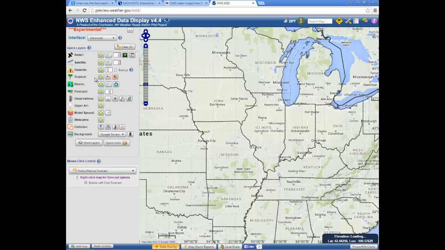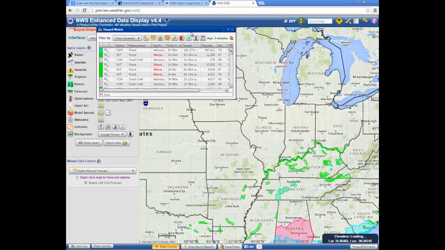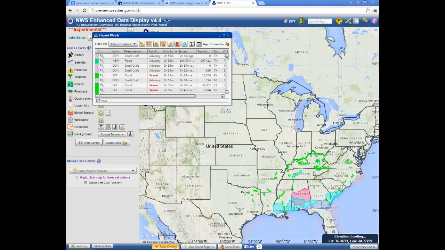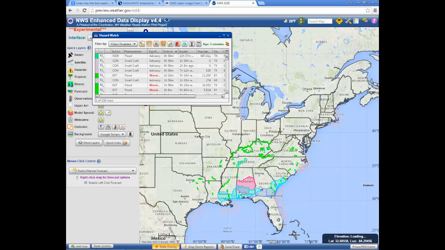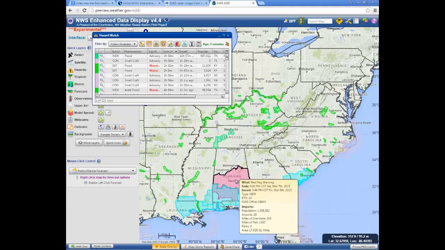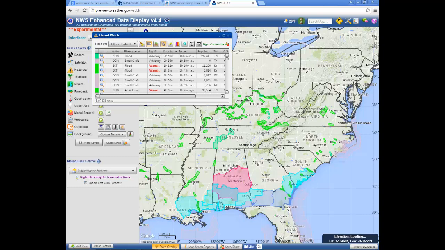You can also look at our hazards, if we have any winter weather advisories or flood advisories or anything like that out. Zoom out here, and we don't have anything in effect for Missouri and Illinois, but down here we've got red flag warnings, which is a fire weather advisory.